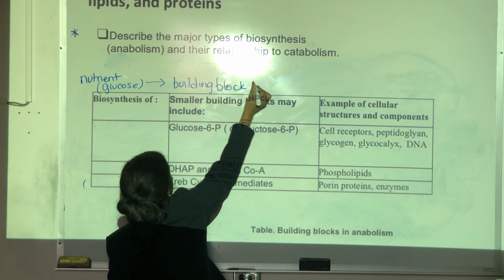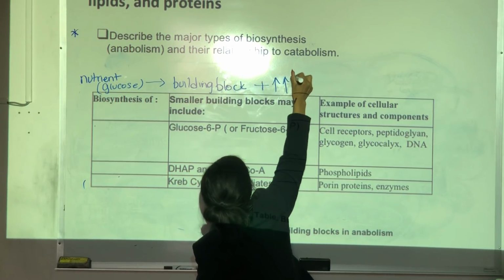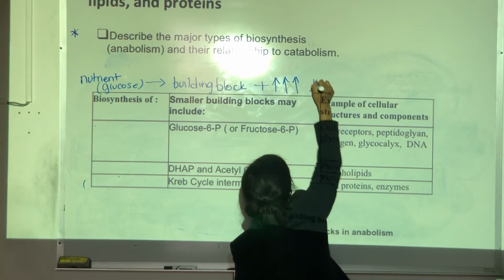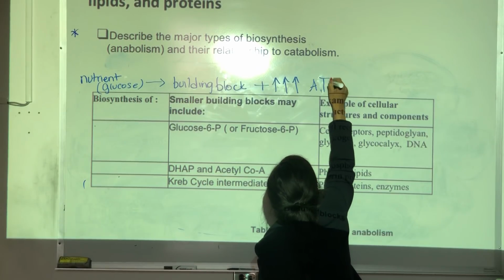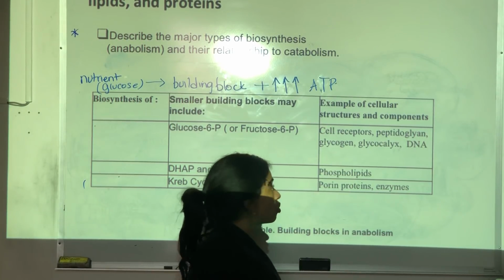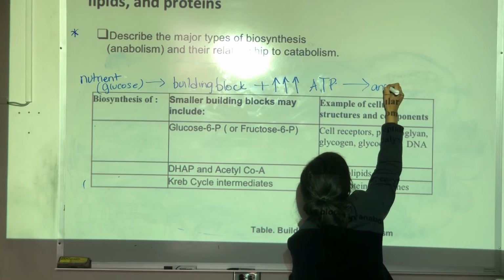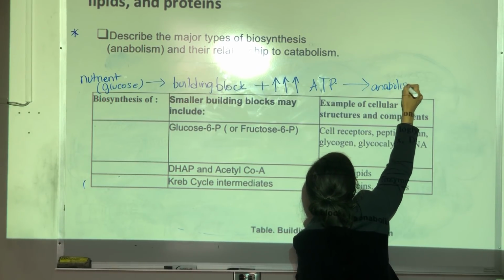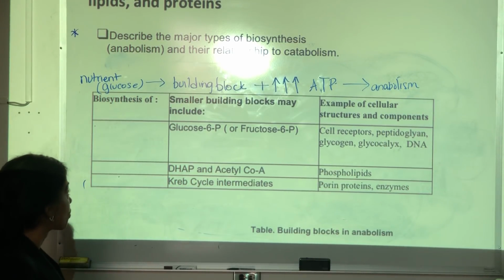But in addition to building blocks, the cell also gets lots of ATP. So I'll draw my arrows meaning high or increasing ATP. And once we get this, the energy that is made in these building blocks then can fuel anabolism. All right, so this is what we have.